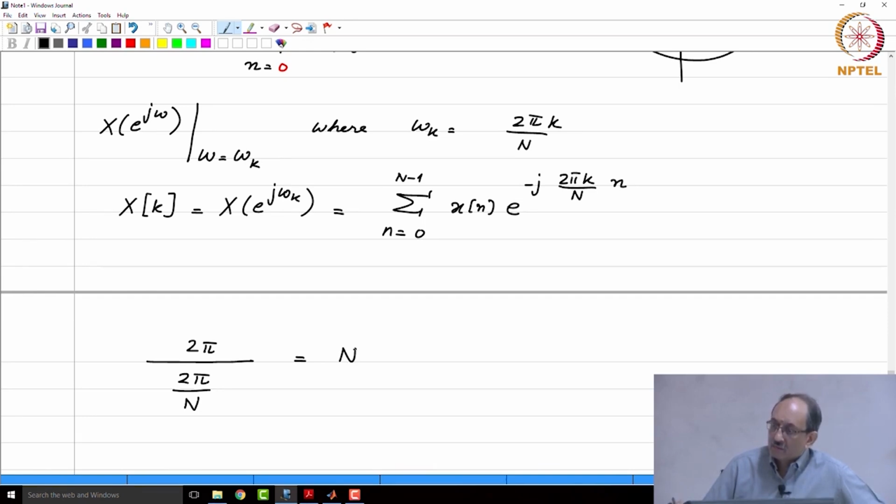which is what we should expect, because just because you view the DFT as being samples of the DTFT, you cannot get rid of the periodicity.